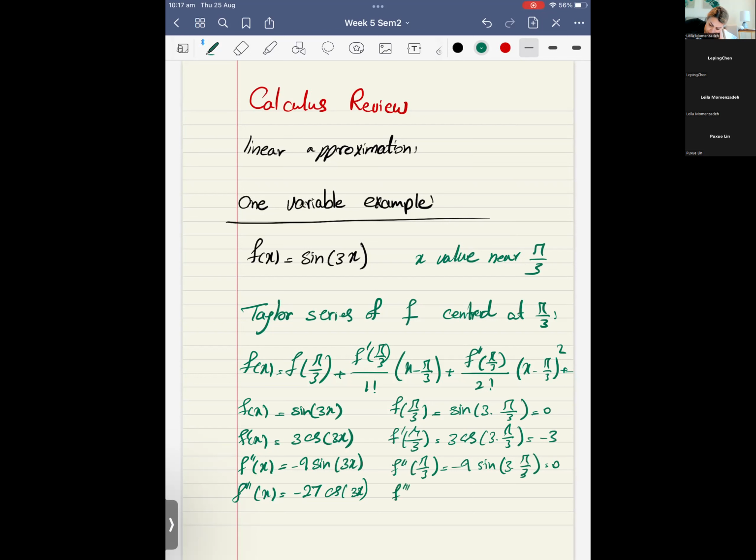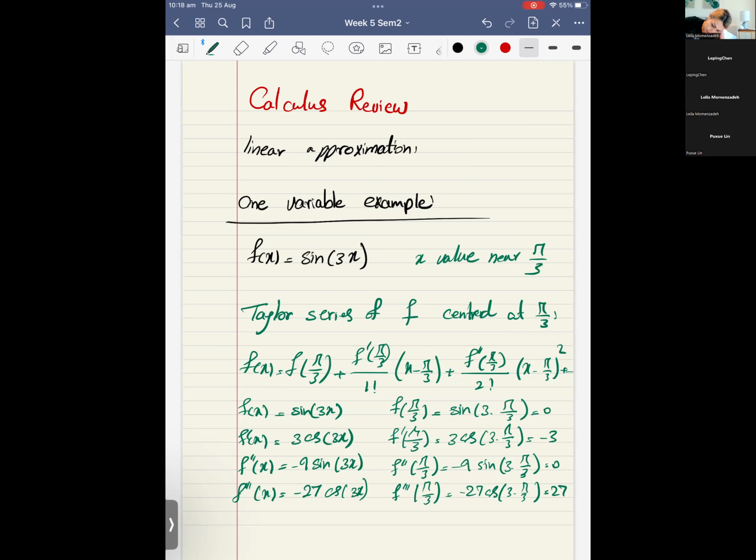And f triple prime pi over 3 is minus 27 cosine 3 times pi over 3, which would be 27. And the fourth derivative would be 0. It means that for every even derivative, 0, 2, 4, 6, you have a 0 for this answer.